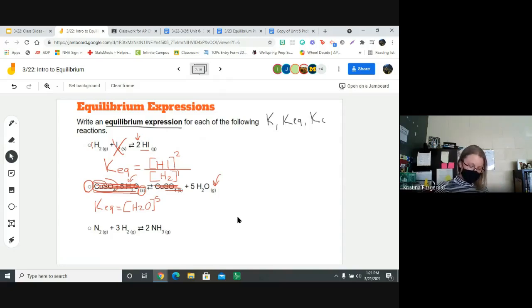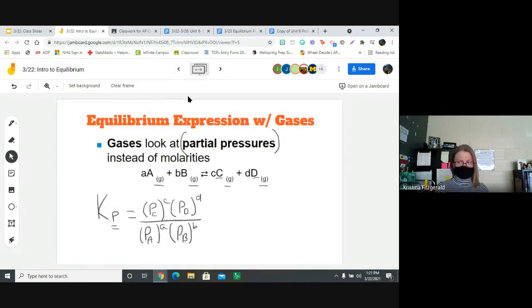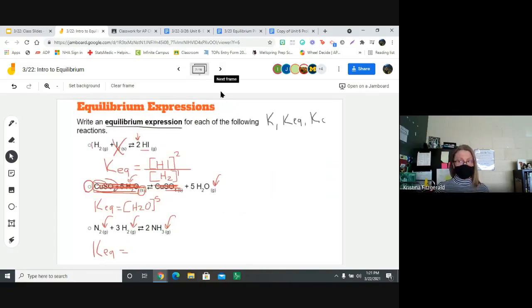Okay, and then the last one. This does have all gases on it. Unless the problem's asking you for KP specifically, or you have pressures given instead of concentrations, that's when you would use this notation. But they didn't ask for that here, so we're going to write it this way. These are all gases, so we are going to include all of these.